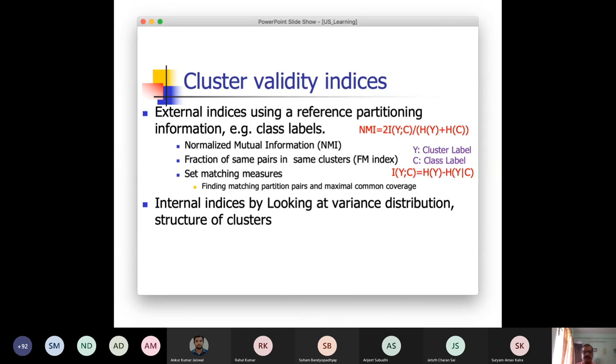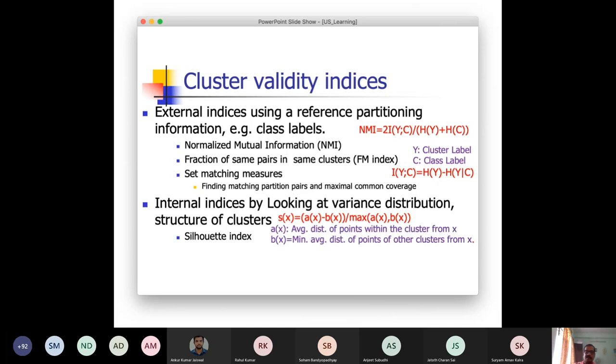These internal indices look at the variance, distribution and structure of clusters. One index very commonly used for this purpose is called the silhouette index. What it does is measure a quantity S(X) for every data point.